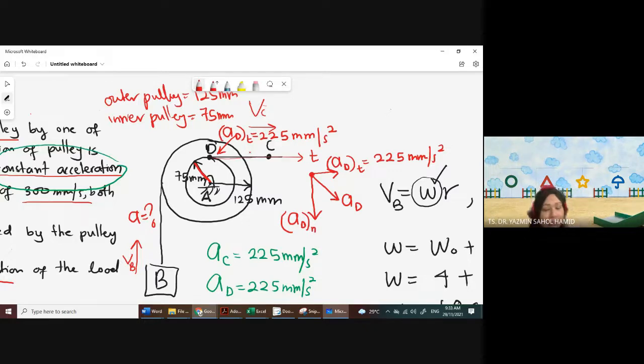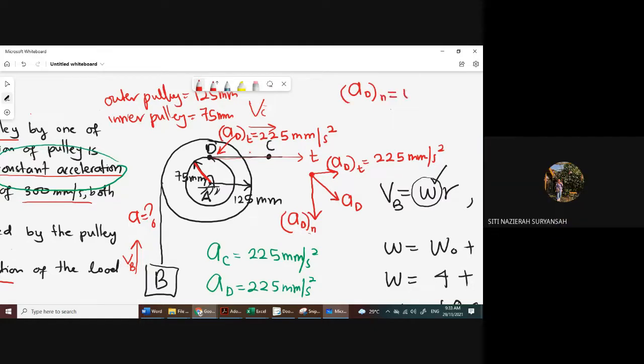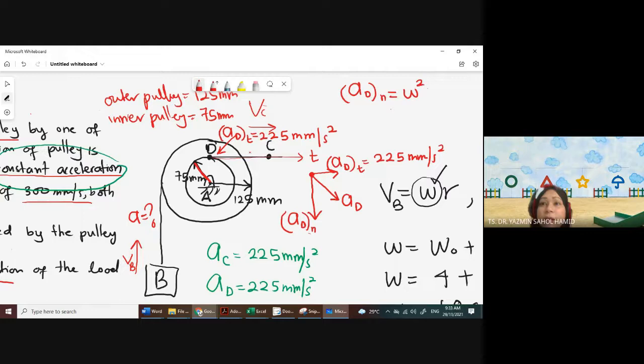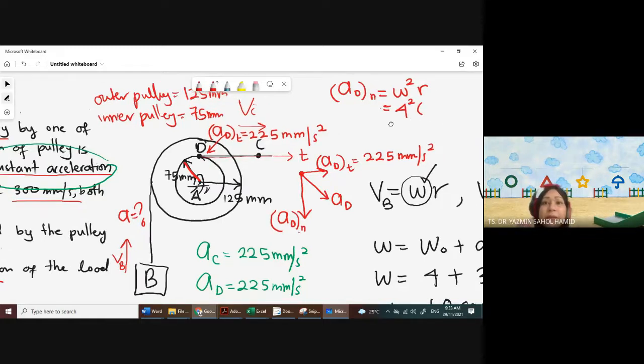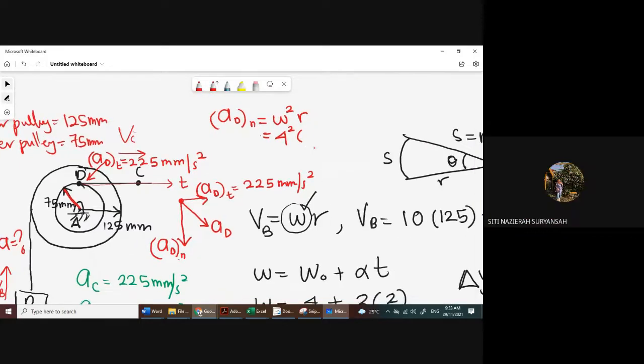So, macam mana kita nak cari acceleration AN? Apa formula AN tadi? Omega square R. Okay. So, berapa? Omega kita tadi berapa? 4. Kan? 4 kuasa 2. Okay, so R kita berapa? Kita kena ambil inner pulley. R kita berapa? 75.